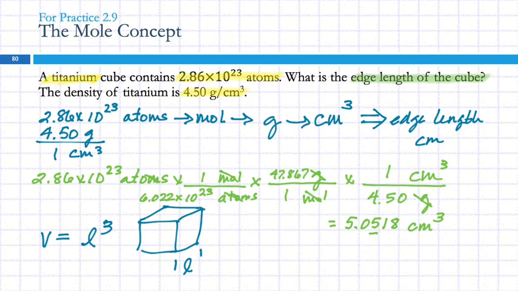So the volume is equal to L cubed. How do I undo something being cubed? Cube root, right? So I need not the square root, the cube root of 5.0518 cubic centimeters. Some calculators, like the 36, have a button that lets you do that.